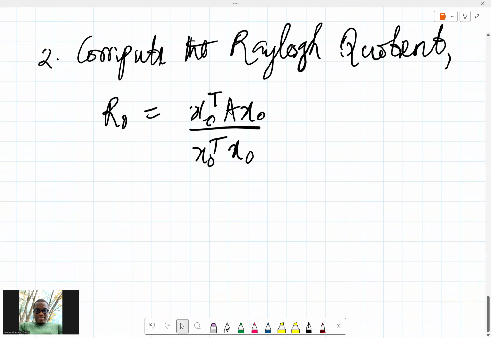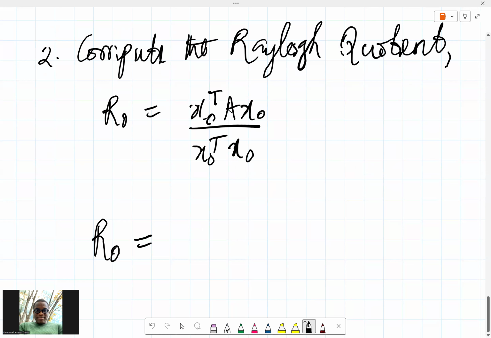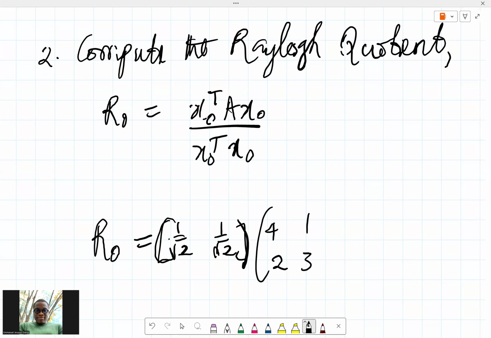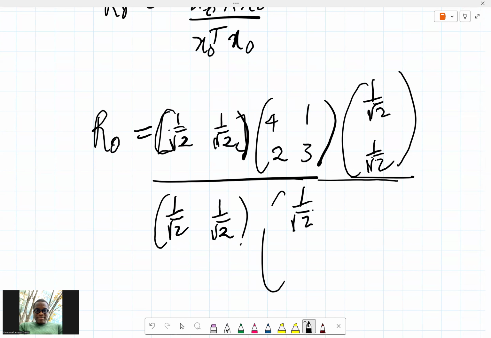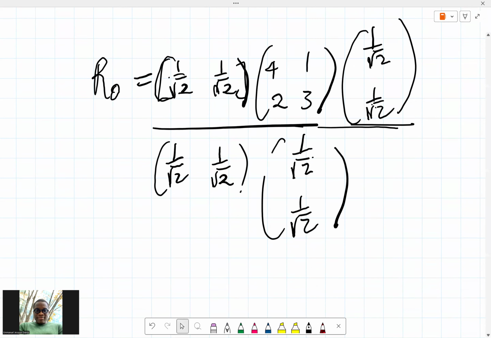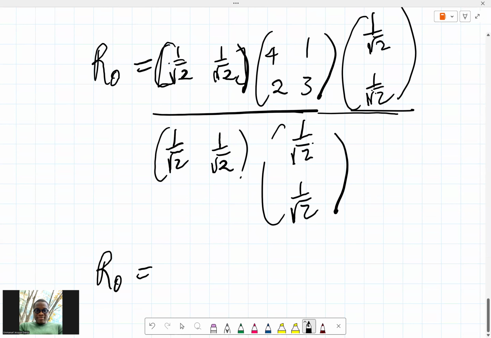So R naught is x naught transpose, which is [1 over root 2, 1 over root 2], into A itself, that's [4, 1; 2, 3], then into [1 over root 2, 1 over root 2], all over [1 over root 2, 1 over root 2] into [1 over root 2, 1 over root 2]. So we have the setup there, and we just need to solve all of this.